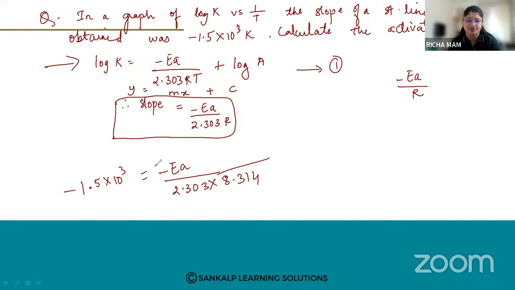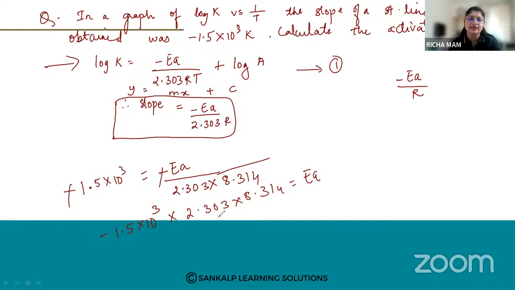So minus EA by 2.303 into R, which is 8.314, is equal to minus 1.5 into 10 raised to 3. Okay, so this gets cancelled, and this will get transferred here. So 1.5 into 10 raised to 3 into 2.303 into 8.314 is equal to EA.